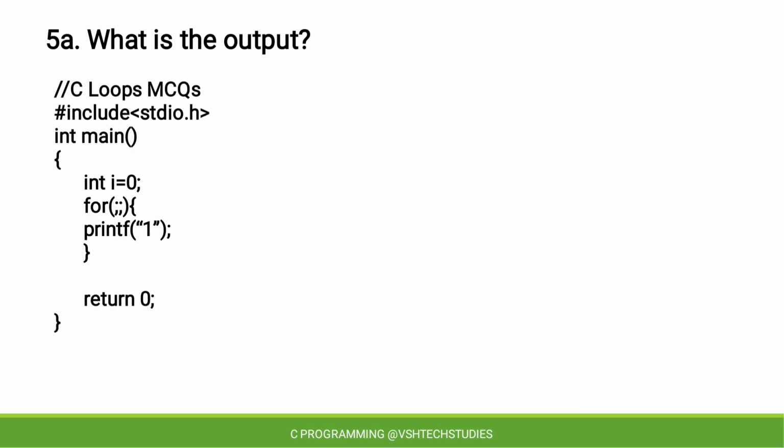Okay. Next, in the last question, number 5 series, we have 5a here. In this we have a for loop. In this for loop, in the bracket, if you observe, there is no index initialization, checking of condition, and index incrementing or decrementing. In the loop body, printing of number 1 is mentioned. So this leads to an infinite loop.